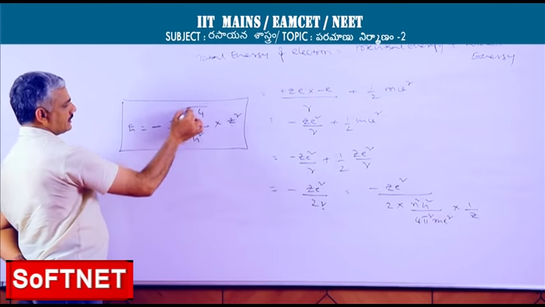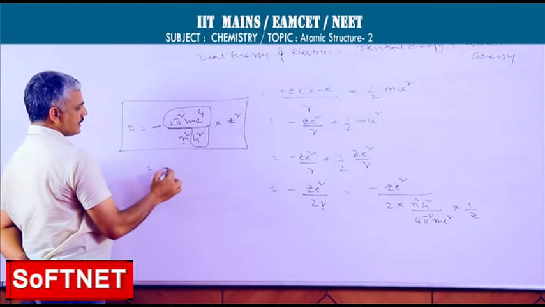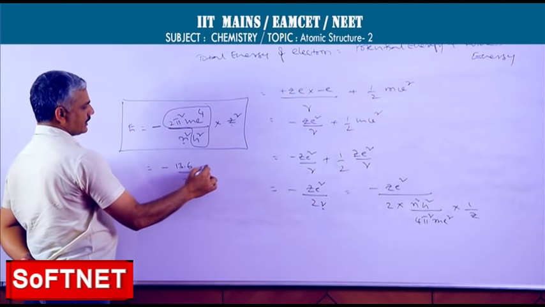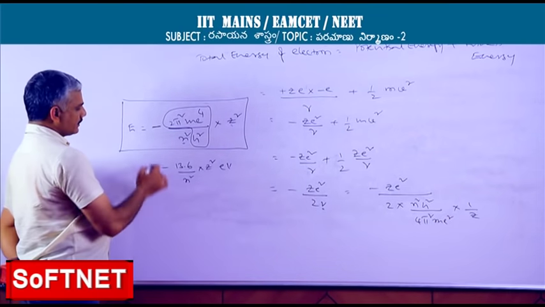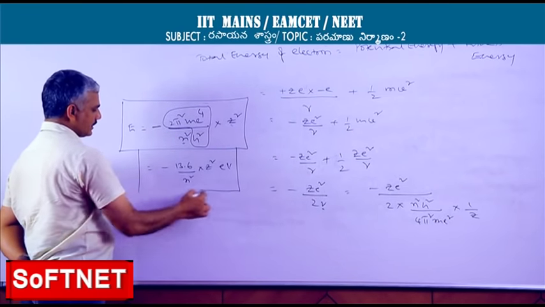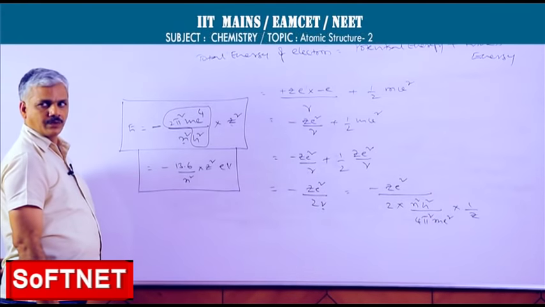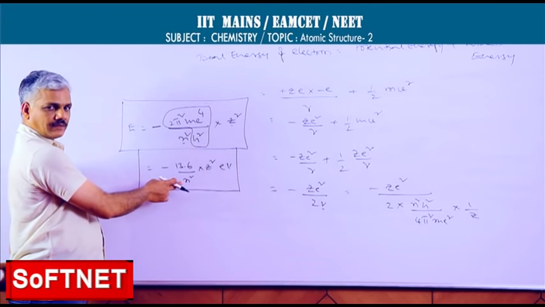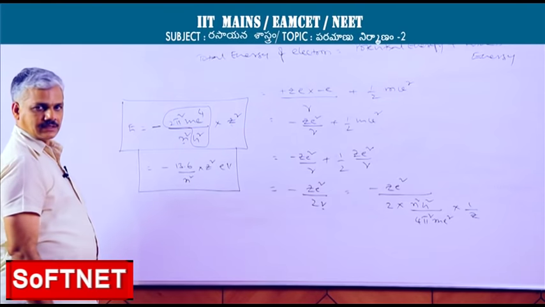On substituting these constant values, this can be condensed as minus 13.6 by n square into z square electron volts. So, by using this relation, we can calculate energy associated with the moving electron. With increase in n value, that is number of the orbit, energy of the electron always increases.